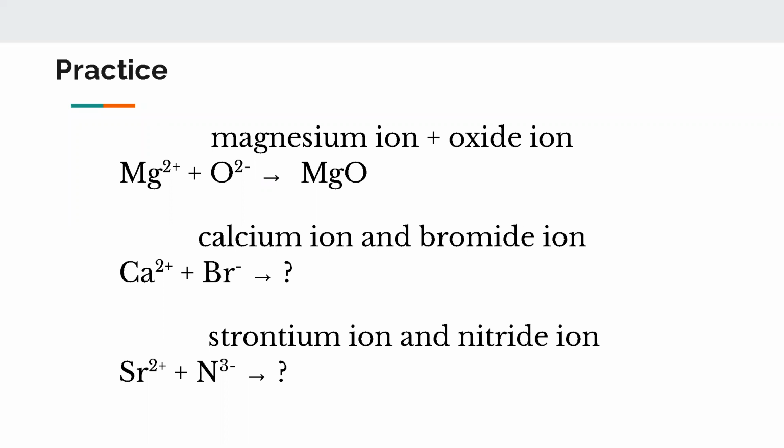I'll give you a second to figure that out. Okay, because it's Ca2 plus and Br1 minus, it becomes CaBr2. You need two Br minuses to become 2 minus. And because it's 2 plus and 2 minus, it all balances out and it becomes CaBr2 with no charge.